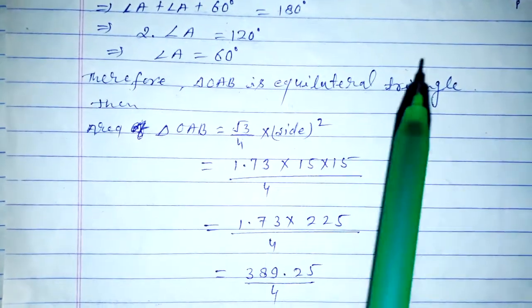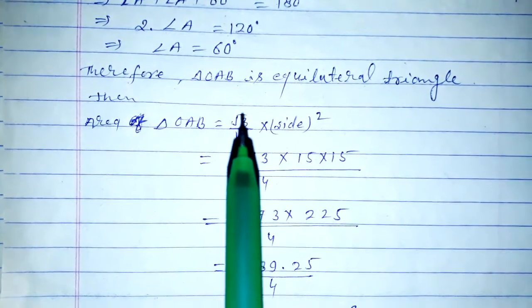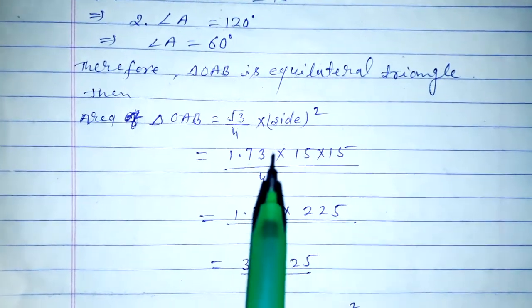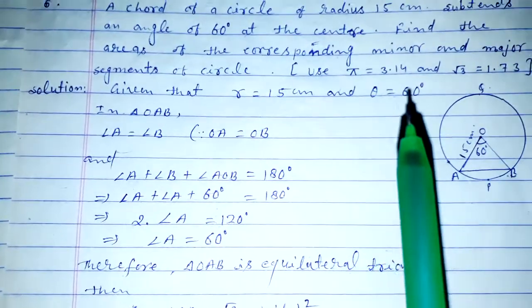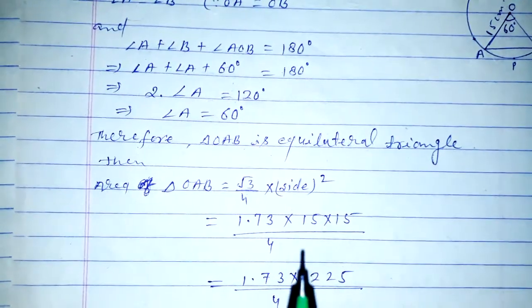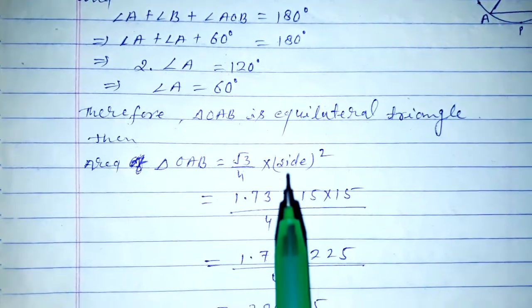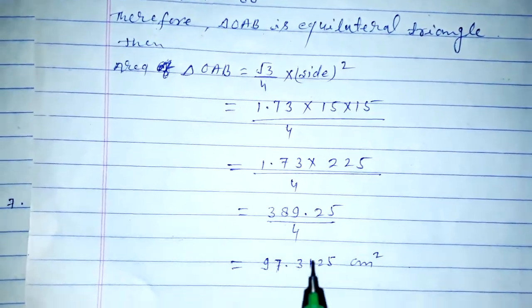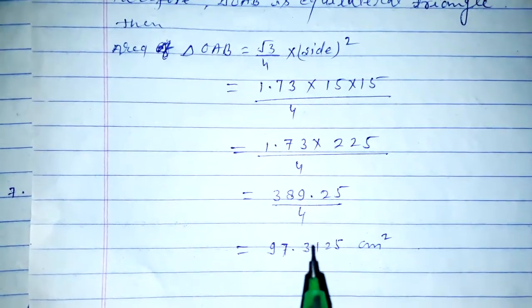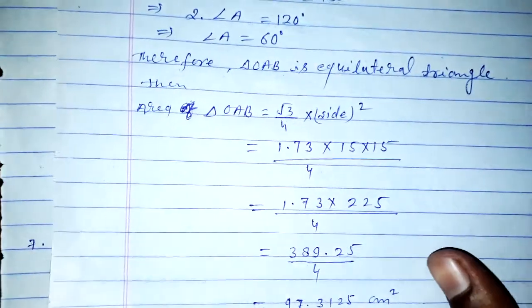Because here this is the equilateral triangle, so area of equilateral triangle is root 3 upon 4 side square. Put the value of root 3 also given here. Side is 15, so 15 into 15 divided by 4, multiply here. So this is 97.3125 centimeter square.